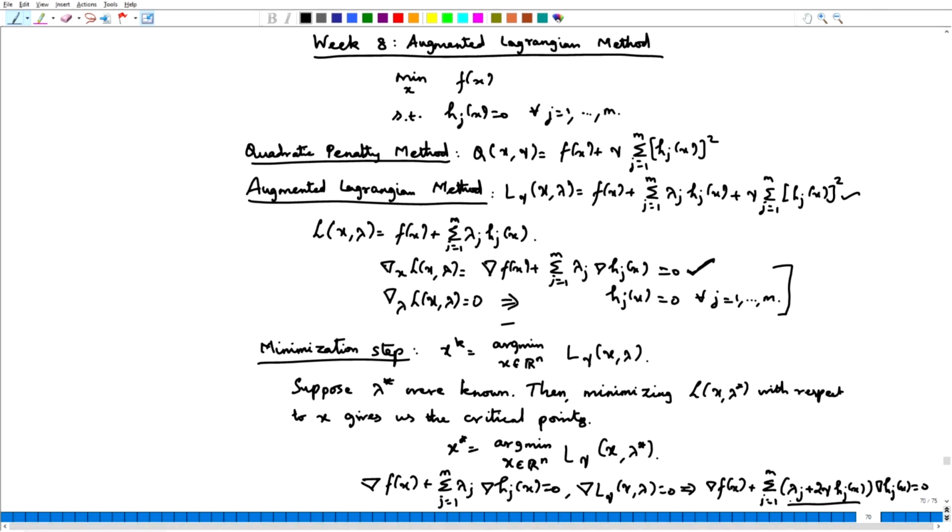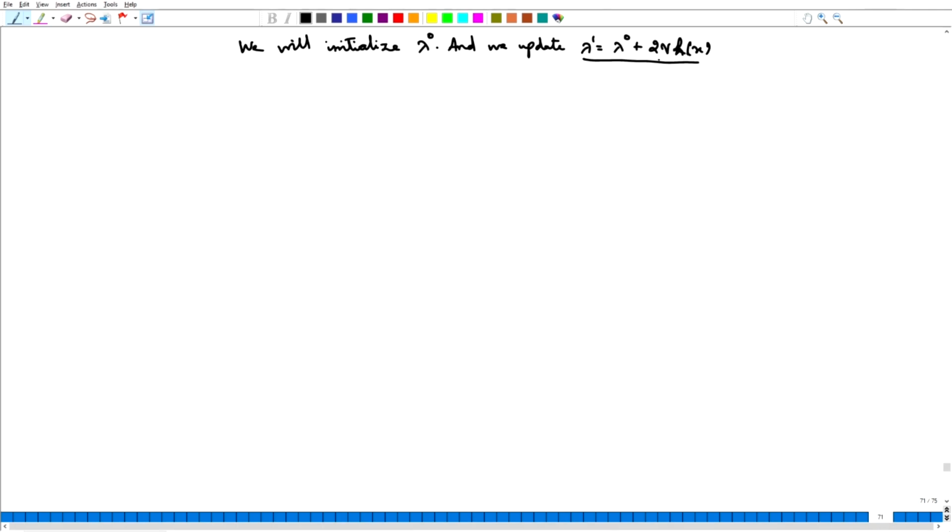I have lambda j plus 2 gamma h j of x. If you consider this as a vector, it is lambda plus 2 gamma h of x, and that is what I have here. And in general also we update lambda k plus 1 equals lambda k plus 2 gamma h of x. And we do not update gamma. We just retain the value of gamma that we fixed initially.